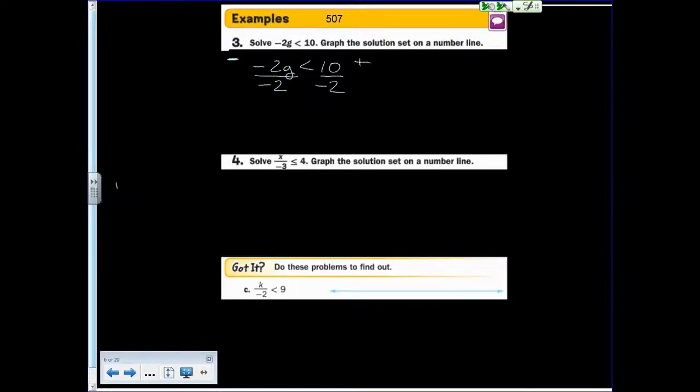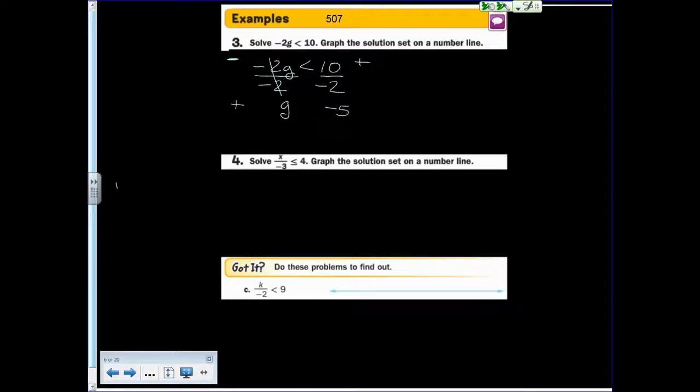This was a positive number. Let's see what happens. Negative 2 and negative 2 will divide and equal positive 1. So our variable, instead of having a negative coefficient, now has a positive coefficient. Positive 10 divided by negative 2 equals negative 5, because different signs, negative answer in division.